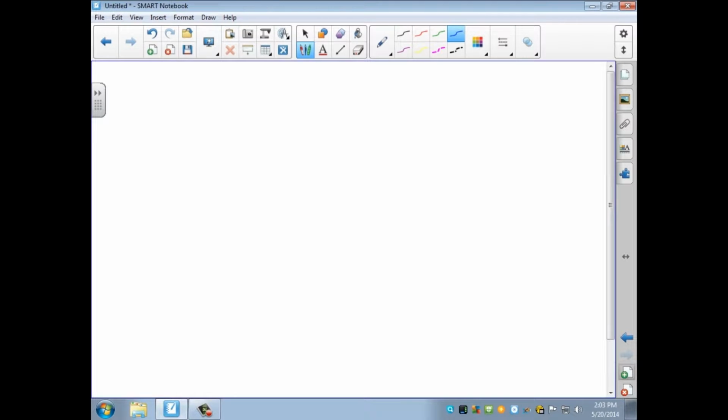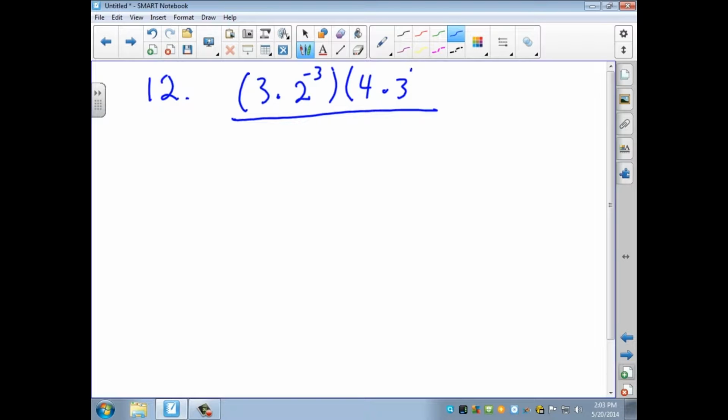Here is another problem, problem number 12. It has 3 times 2 to the minus 3 times 4 times 3 to the 5th, divided by 2 times 9 to the 3rd.